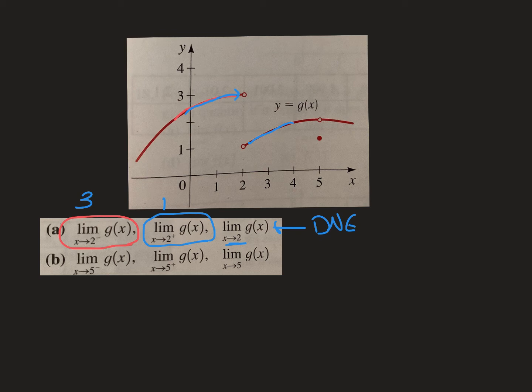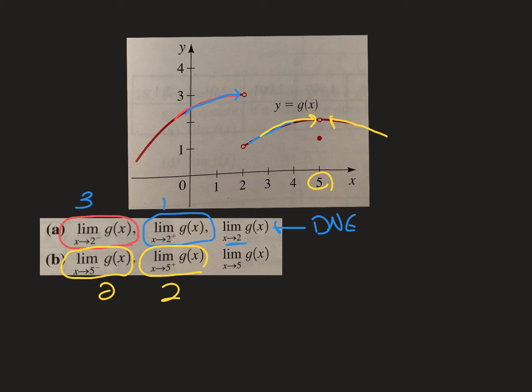Okay, let's look at part B right here. Part B says limit as x is approaching 5 from the negative side. So 5's right here. If I'm going to get closer and closer to it from the left, I'm getting closer to 2. All right, then if you approach 5 from the positive side, or the right side, so I'm coming this direction, getting closer and closer to 5, also getting closer and closer to 2.